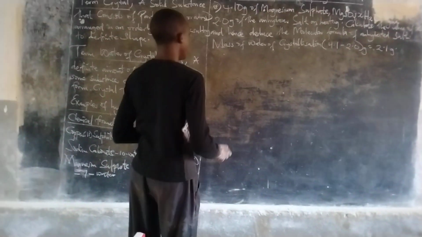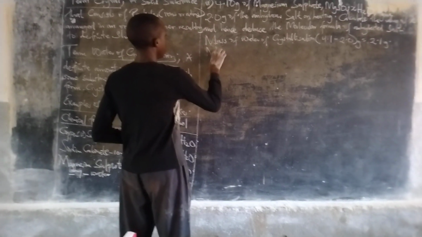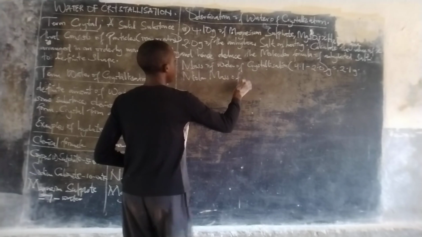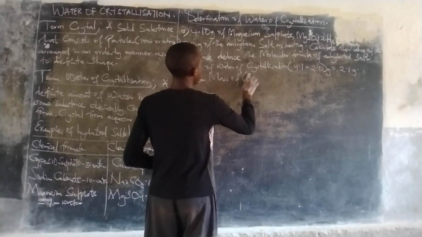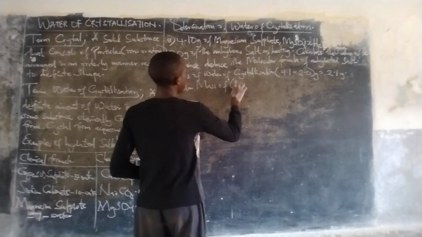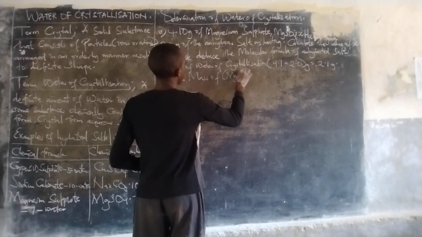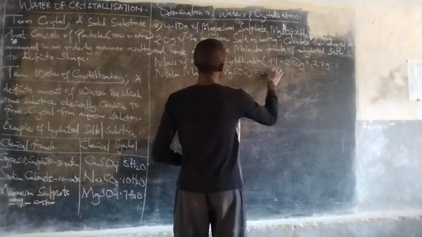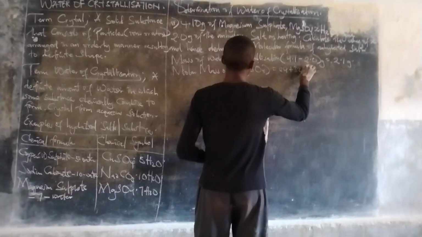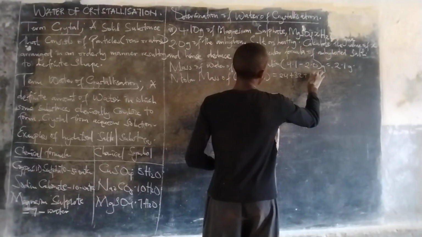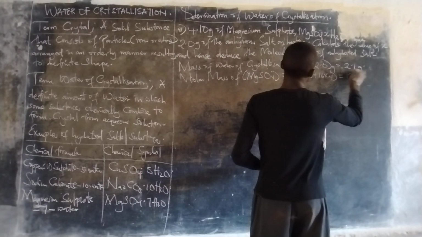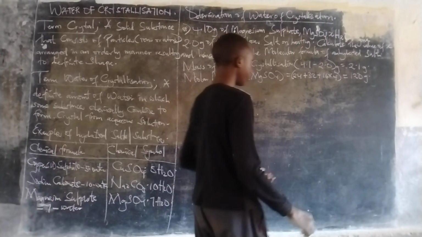Then we can acquire the molar mass of magnesium sulfate. So magnesium is 24 plus sulfur 32 plus oxygen 16 times 4, giving a total of 120 grams.